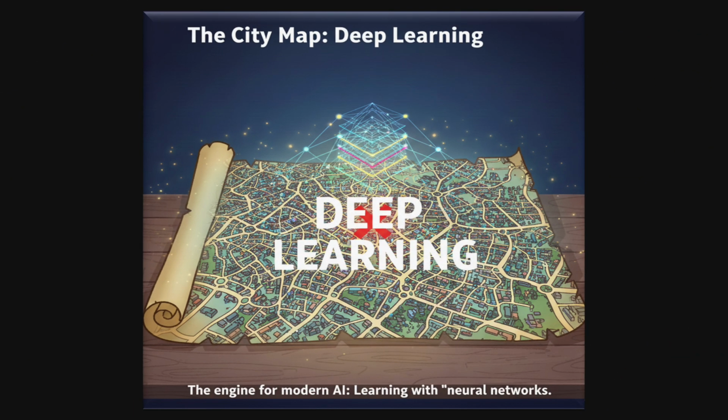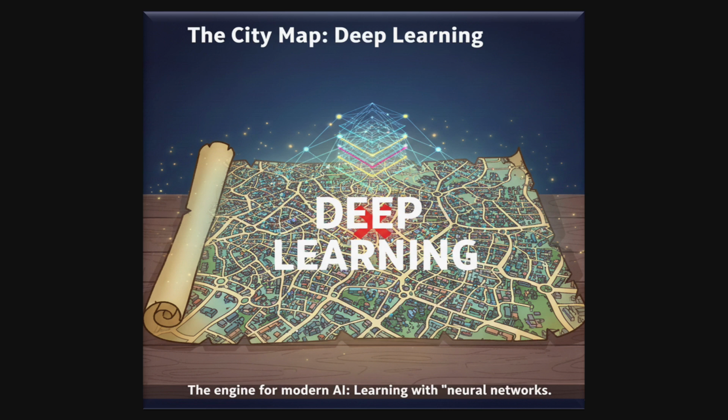The city map: deep learning. And now for the real treasure map. Inside our country, we zoom into a single city. This highly detailed city map is deep learning. This is a special, superpowered type of machine learning. It uses complex structures called neural networks, which are loosely inspired by the connections in the human brain. These networks have many layers.